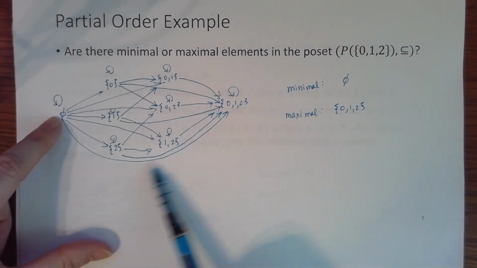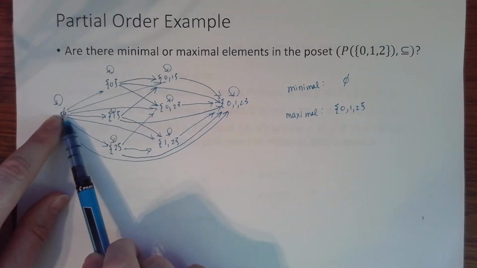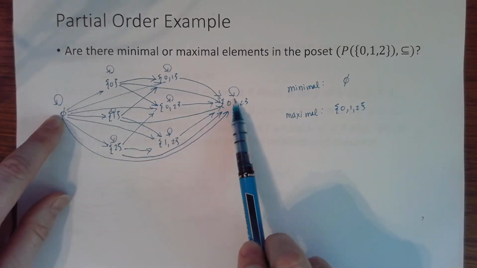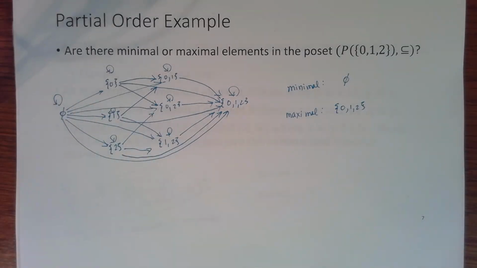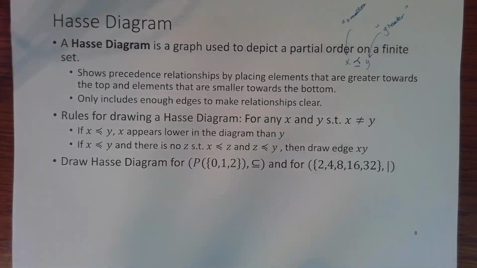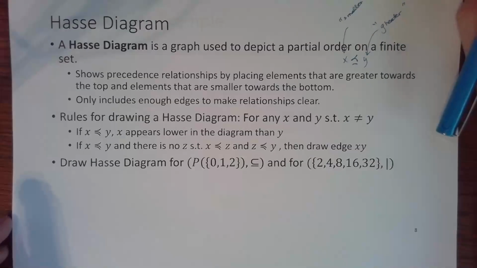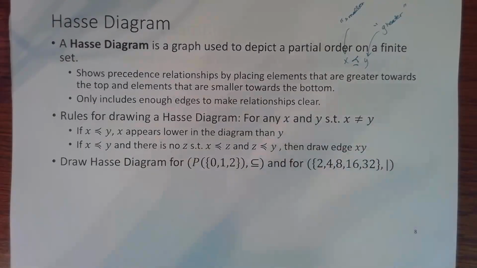So this edge here is redundant, because I could just follow a path from the empty set to 1 and on up. If I see that there's a path, then by transitivity I know that they're related. I don't need an extra edge in there. I can just look for a path. That's going to reduce the number of edges so that we can use a smaller diagram with far fewer edges, so that we can visually digest it much more quickly.